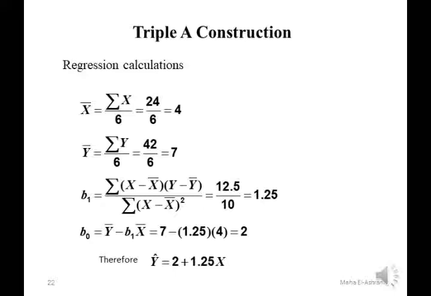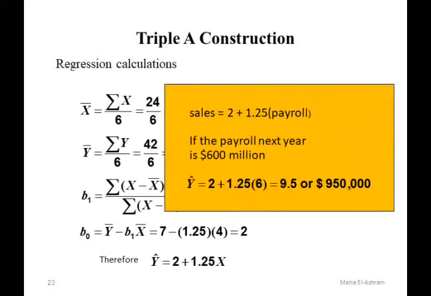Now your role will be to interpret the number 2 and the value of the slope, which is 1.25. Another way to read this equation is to say that the sales y is equal to 2 plus 1.25 times the payroll.